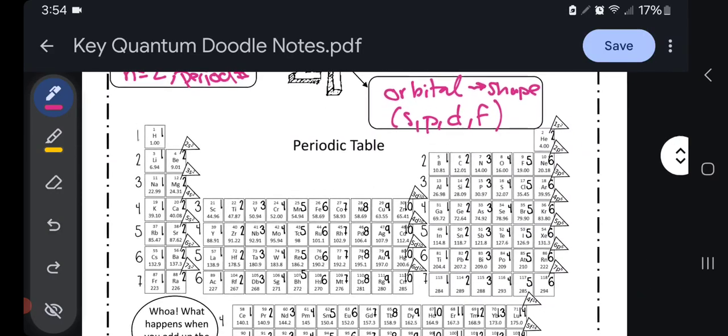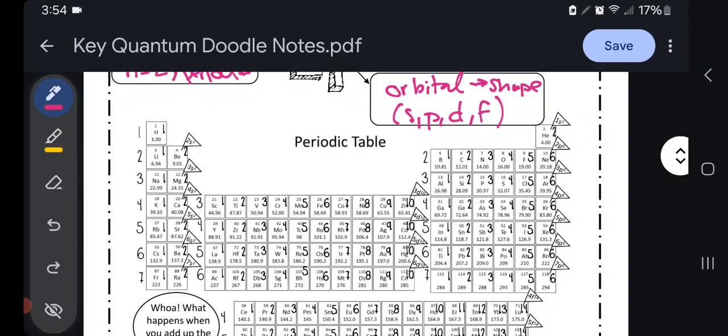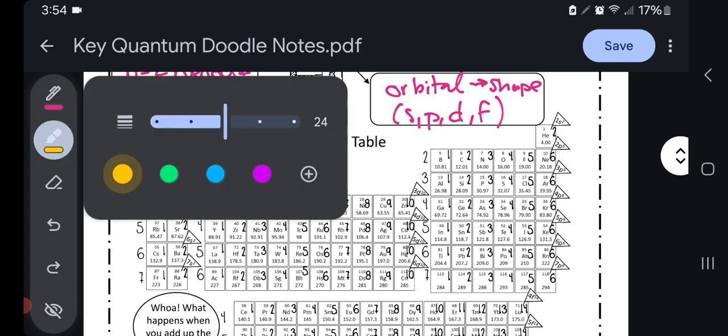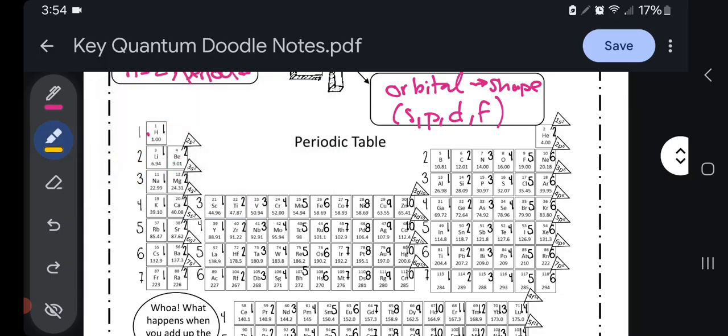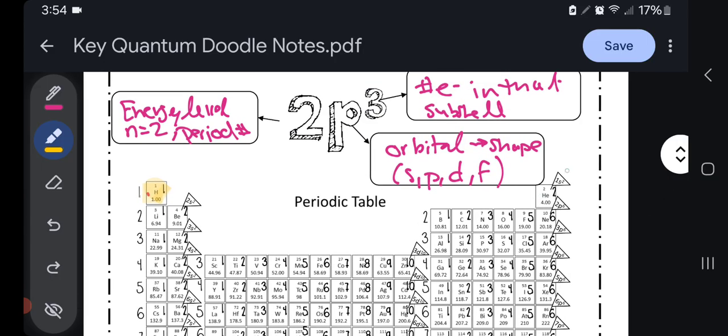Alright, so if you look here, this is where I was saying we tend to not jump into the d orbitals, and the reason is we don't do it first semester. We're going to do it second semester. When we start, we go hydrogen is 1, helium 2, and then that dead spot again.